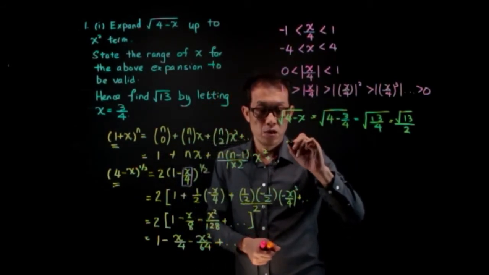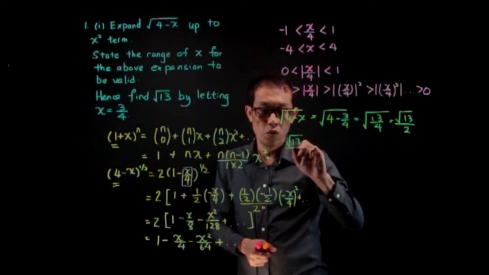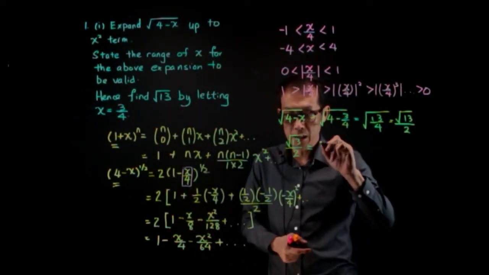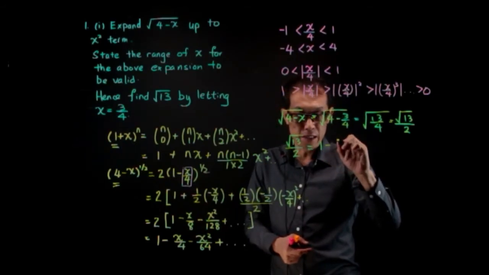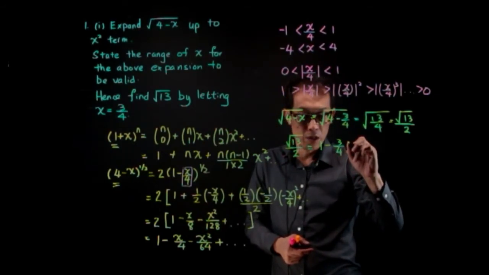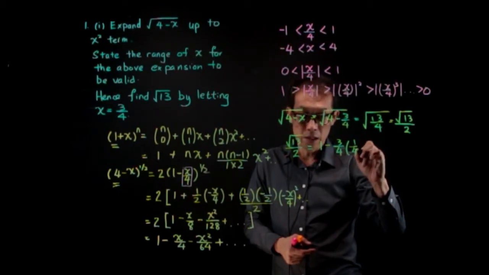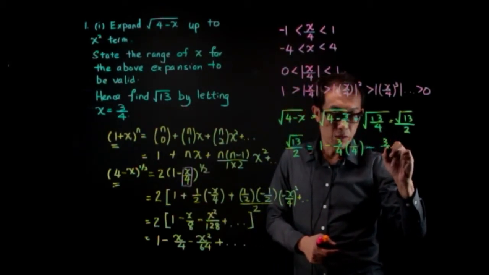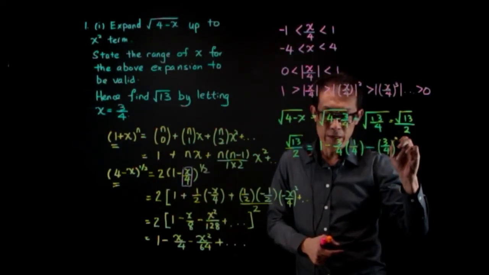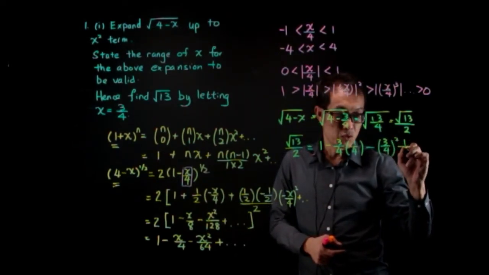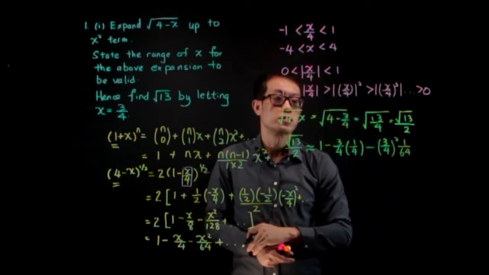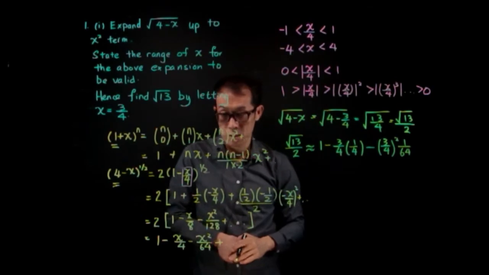That means root 13 over 2 will be equal to this expansion here, 1 minus 3 over 4 into a quarter, minus 3 over 4 squared times 1 over 64. This will be approximately equal to this.